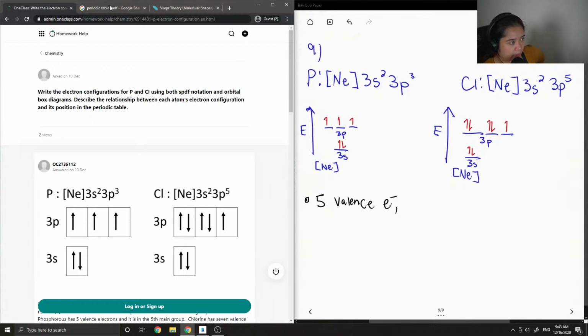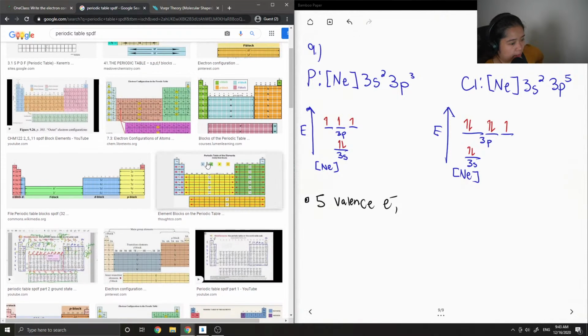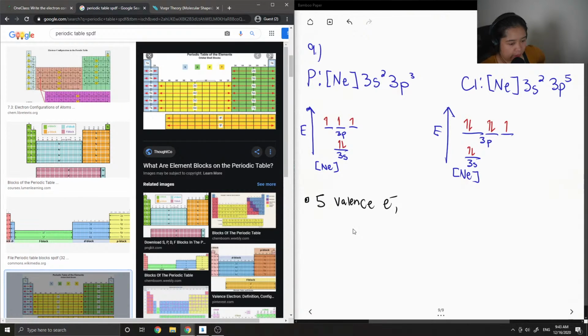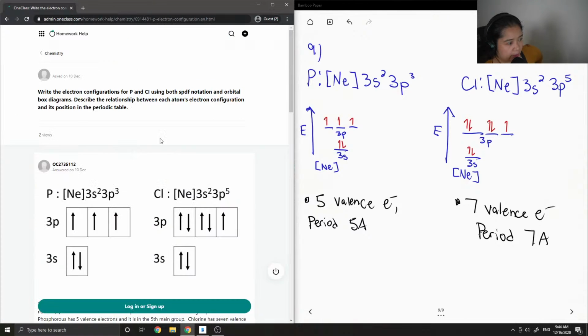And if we look at any periodic table, you'll see that it is in column 5 or group 5A. And the same thing for chlorine. There are 7 valence electrons, and it is found in group 7A. So that's something to help try to remember how many valence electrons there would be.